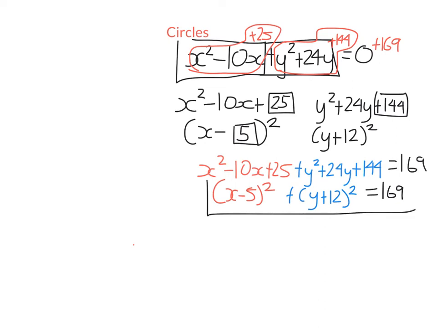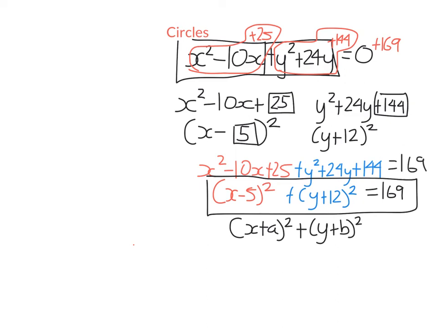This is in the standard form for a circle. So if you have an equation of the form (x plus a) squared plus (y plus b) squared equals some other number squared, that is a circle. Its center is the negative of the two numbers, so negative a, negative b.